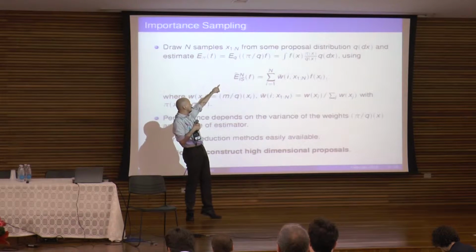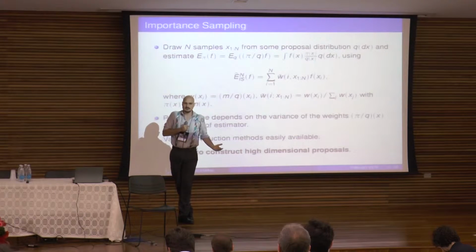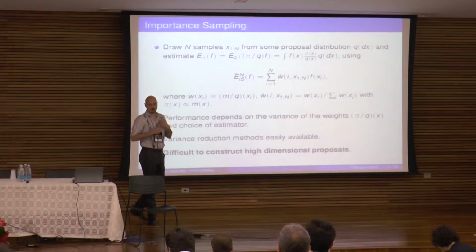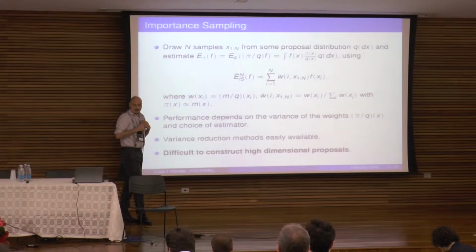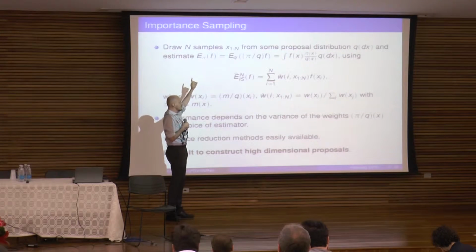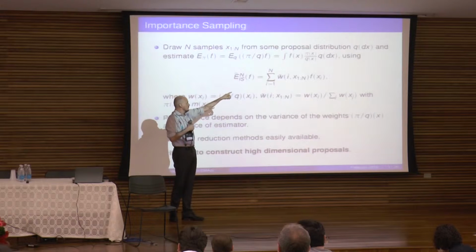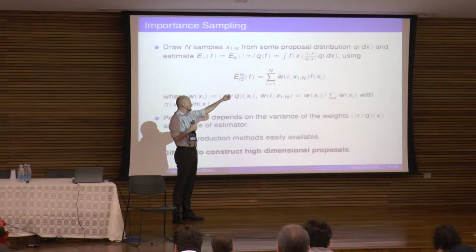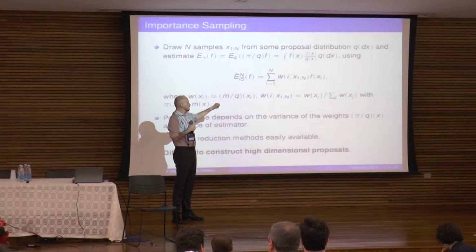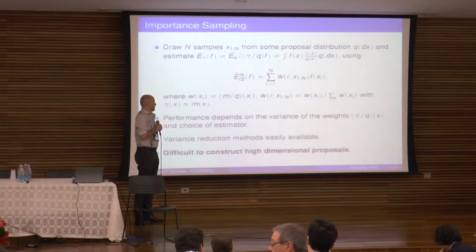So we have the expected value of pi over q times f with respect to this new density q, which is our proposal. We can approximate this integral using the latter, meaning we use the law of large numbers, of course, we sample from q, and then we construct what we call the importance sampling approximation based on the empirical distribution of the data.